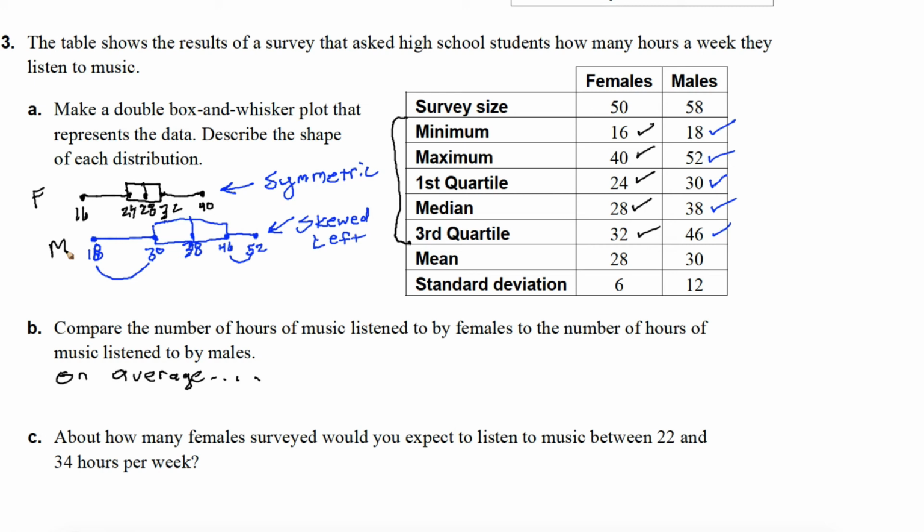About how many females surveyed would you expect to listen to music between 22 and 34 hours per week? Okay, now this is where we would say, okay, what's our standard deviation? 6. How do I know I can use it? Because it's symmetric. What's our mean? 28. So if we have 28, we go 1 standard deviation to the right. We would add 6 to that, and that would be 34. 1 standard deviation to the left, that would be 22.